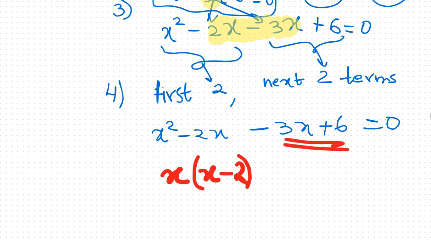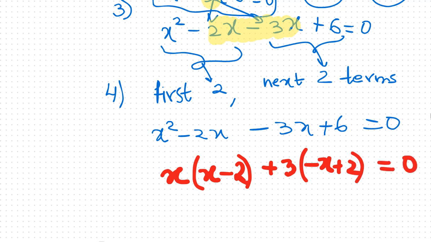And what about this? Okay, if you take out plus 3, what happens? Negative x plus 2. So what we need to do is, here you see x minus 2.